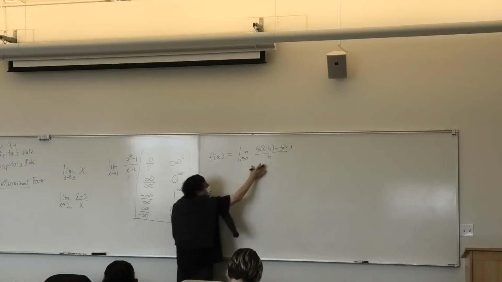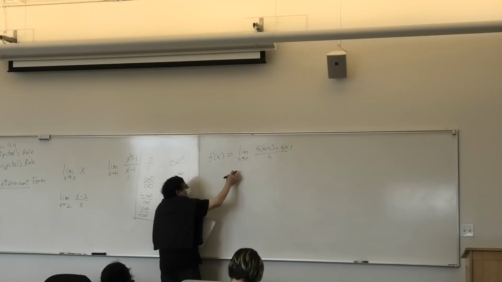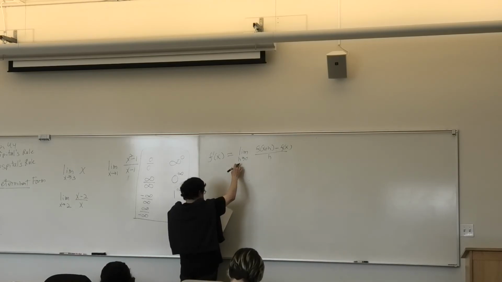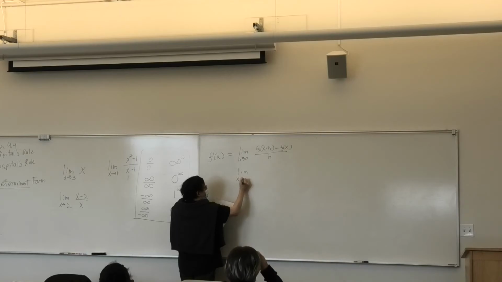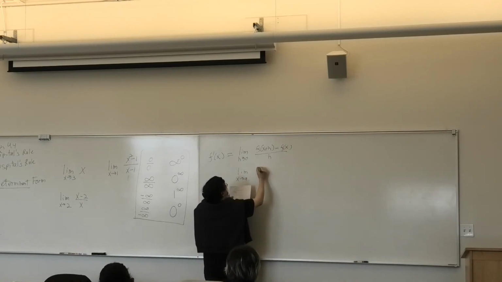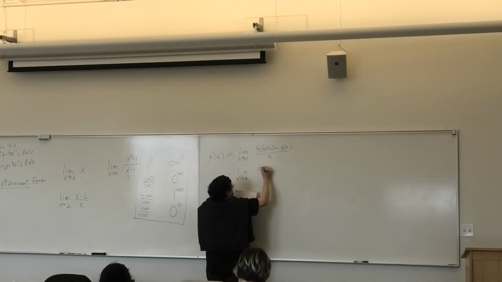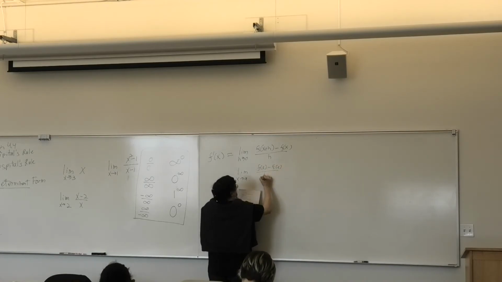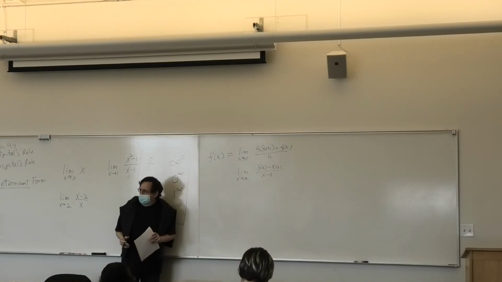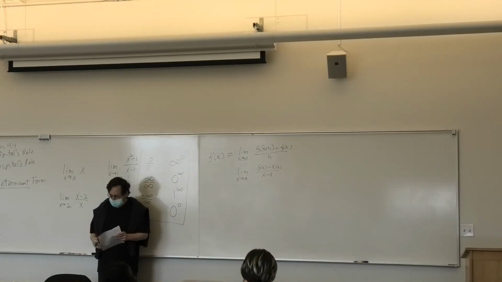An equivalent version, which we don't use as much, you can get by substituting x minus a for h. We get the limit as x approaches a of f of x minus f of a over x minus a. This actually looks a little more like delta y over delta x that you're familiar with.